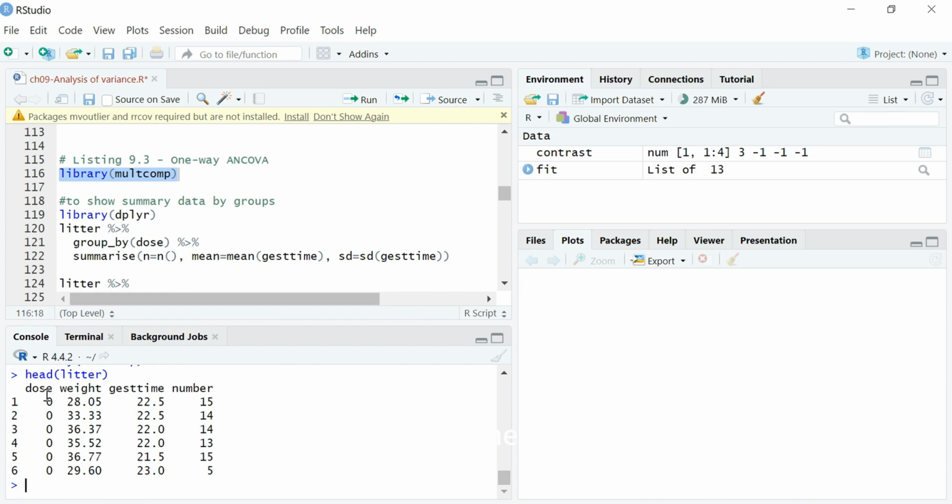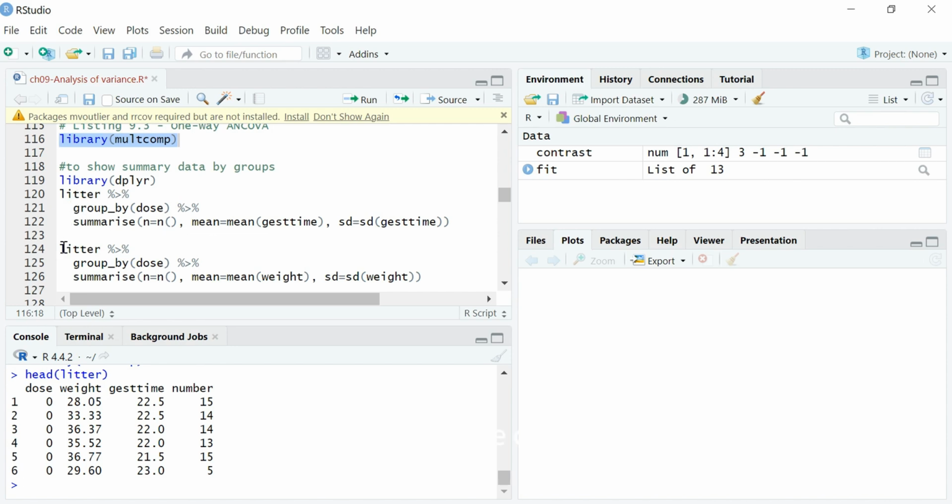Dose is a categorical variable, a factor; we have only seen the first 6 rows, where dose is 0, and there are more observations with dose 5, 50, and 500. Weight is the dependent variable we are interested in, and gestation time is a continuous variable, acting as a covariate.